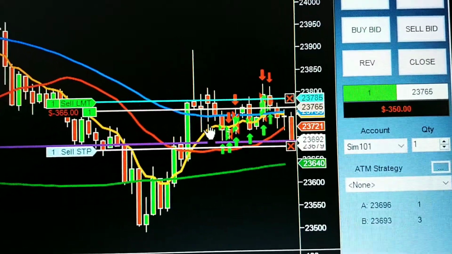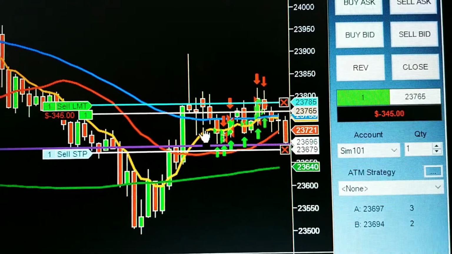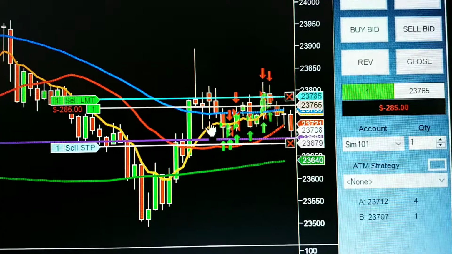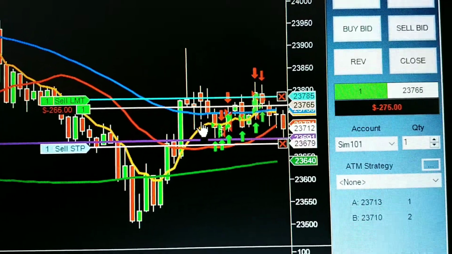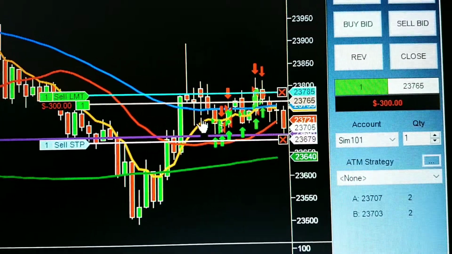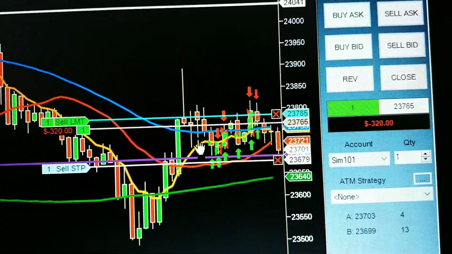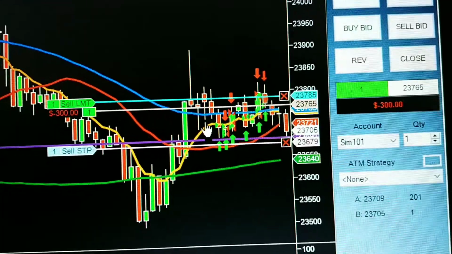If it drops past that and kicks me out, that'll be almost $400 in a loss in that one trade. But the overnight low is kind of acting as some support, keeping it from my stop, and that's good. I hope it continues to keep it and push it up.